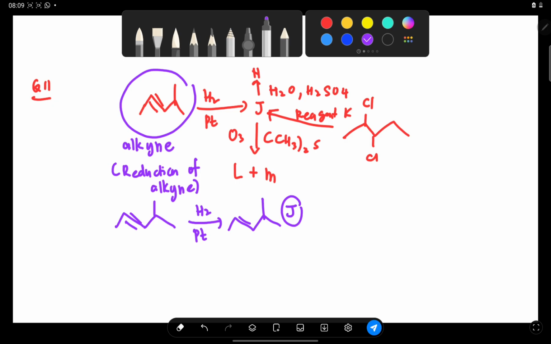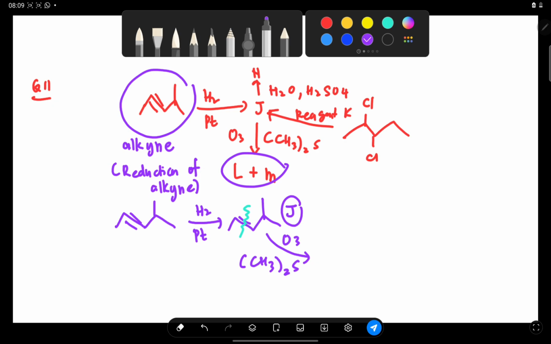After that, from J, it undergoes an ozonolysis reaction to produce this product, L plus M. For ozonolysis, you just cleave at the double bond.